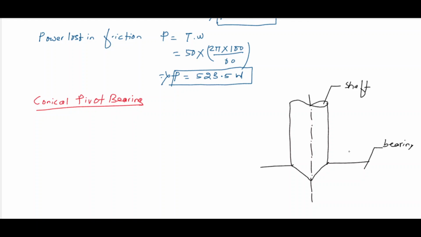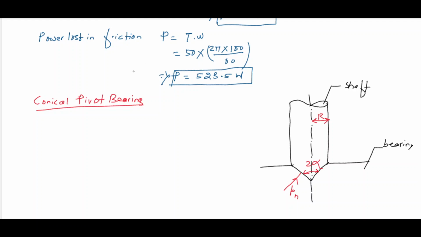I am not drawing it entirely. This total included angle from here to here is denoted by 2 alpha, and the radius from here to here is capital R, and the normal pressure acting on one side of this inclined surface is P subscript N.